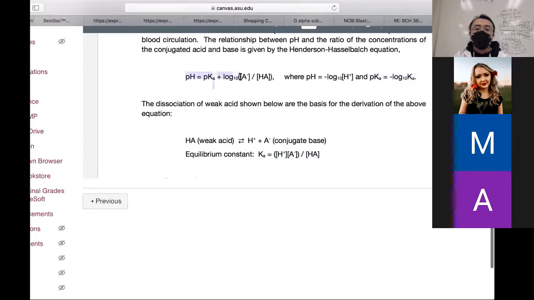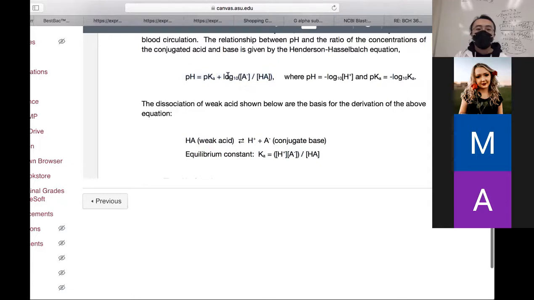So the equation we can use to calculate the pH value is pKa plus log 10 of the concentration of conjugate base over the concentration of weak acid.